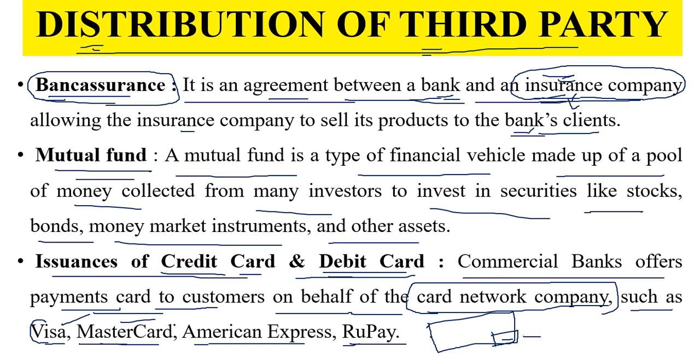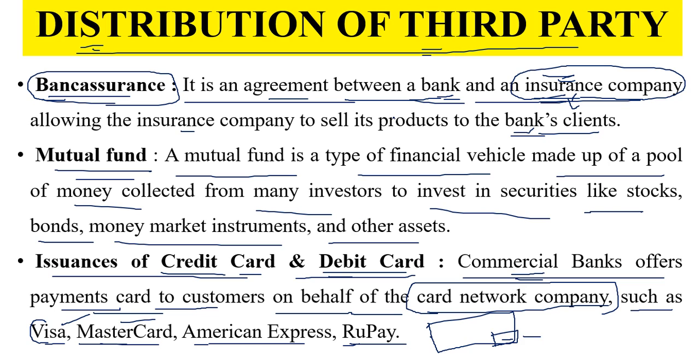This card network company has a tie-up with the commercial bank to offer the debit card and credit card to the customers. So these are the third party products and facilities which the bank gives to customers. These are all the secondary functions which a bank performs.